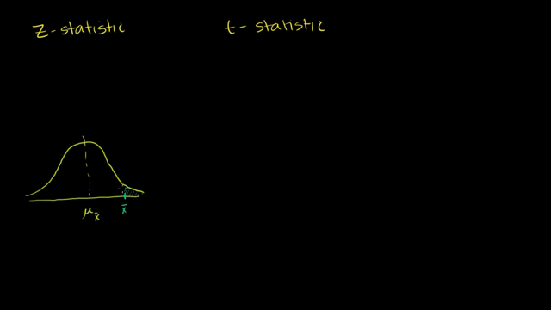And to do that, we've been figuring out how many standard deviations above the mean we actually are. And the way we figure that out is we take our sample mean, we subtract from that what we assume the mean should be, or maybe we don't know what this is, and then we divide that by the standard deviation of the sampling distribution.